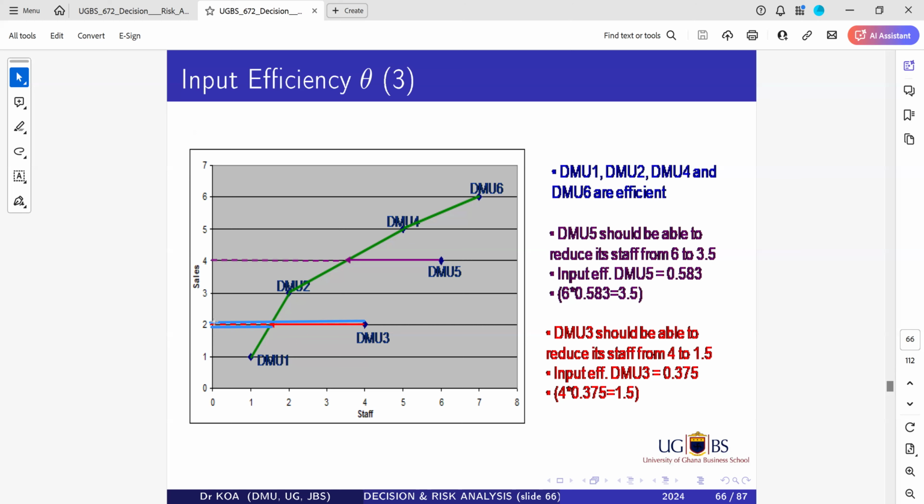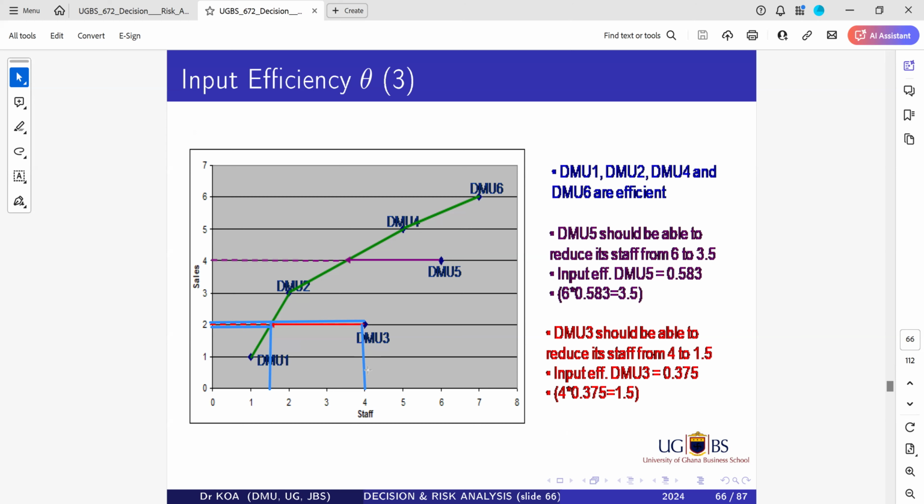So even though I'm reading it at a 2, I'm picking it from the origin here, going this way. And this will give you a value, in an input direction, let's say 1.5. So we are looking at 1.5 divided by 4. And this is what we mean by input-oriented efficiency. You have to learn how to calculate this.